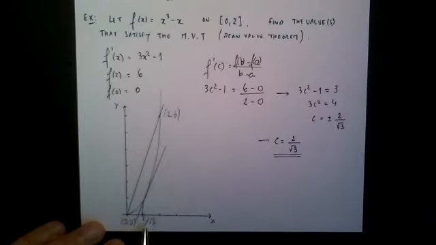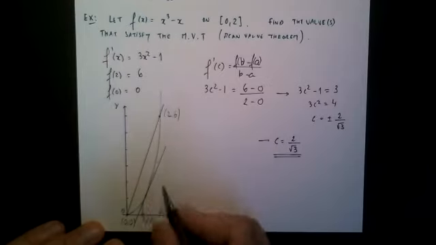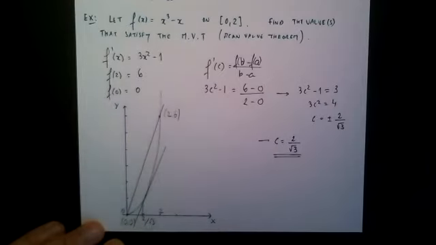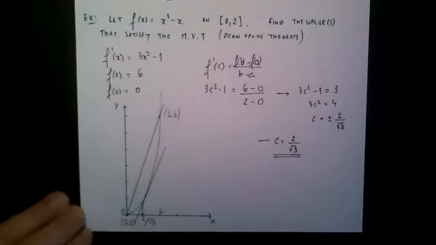So that's what I was saying before. There is for sure a time between 0 and 2 where the instantaneous velocity is exactly equal to the average velocity. For sure, guaranteed. That's what the mean value theorem tells me.